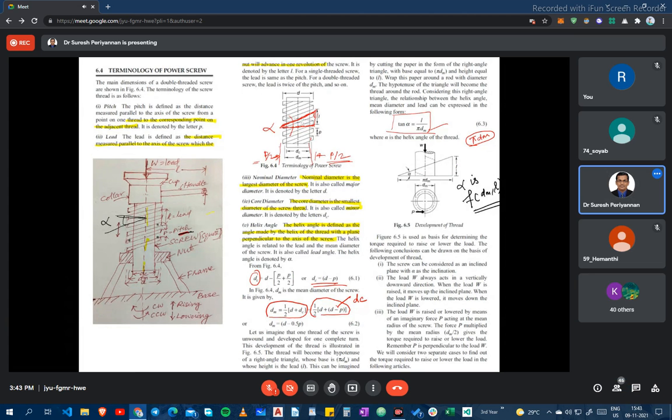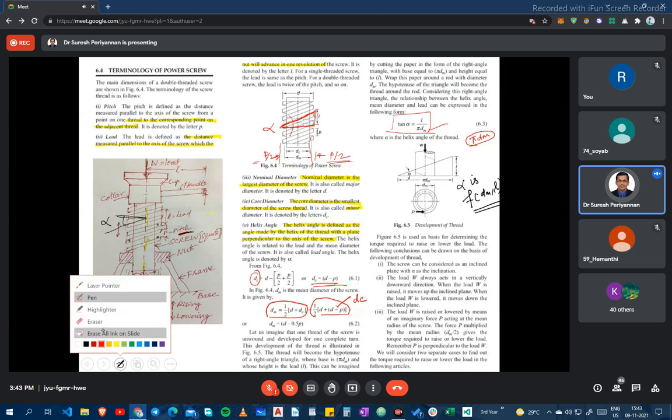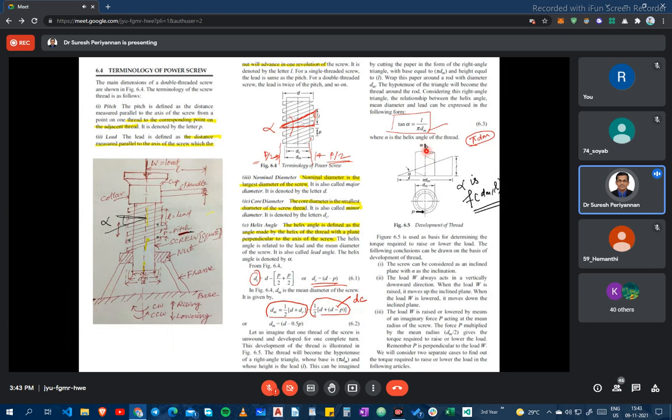Now the load W always acts vertically downward. See here, I am talking about the load. But when the load is raised, it moves up an inclined plane.